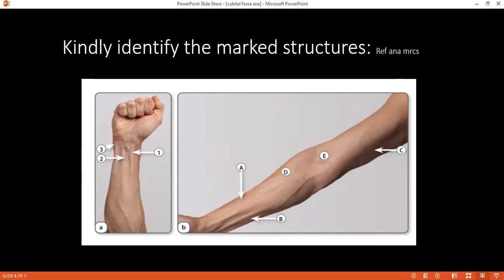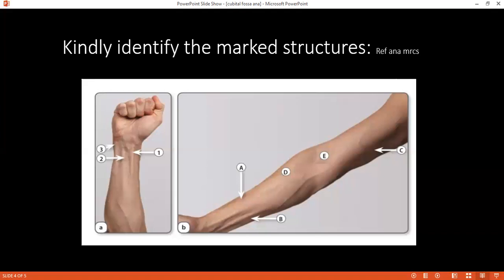Yes, the flexor retinaculum is formed from the scaphoid, laterally and proximally, and the hamate distally medially, and the trapezium distally laterally, and the pisiform proximally medially. This is the flexor retinaculum.